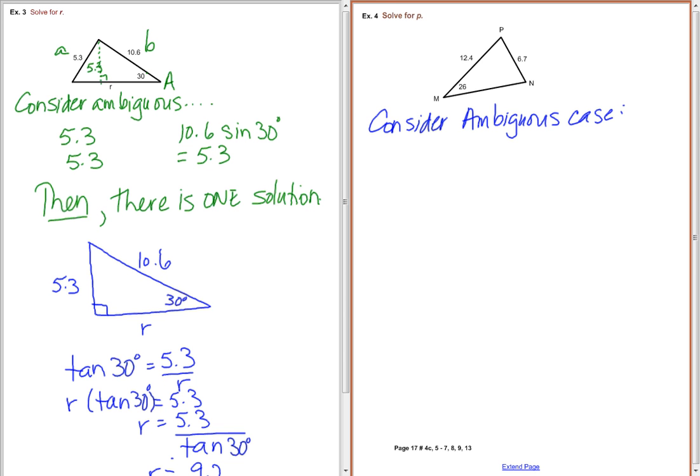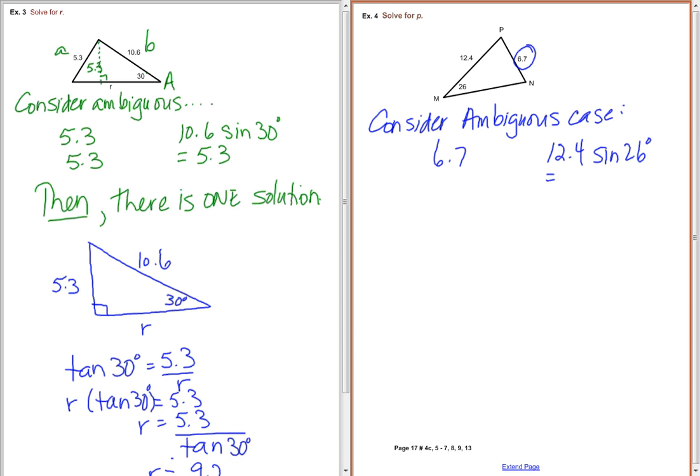So what I am comparing for the ambiguous case is 6.7 with 12.4 sine 26. So the 6.7 and 12.4 times sine 26 is what I'm comparing. If the 12.4 sine 26 is exactly equal to 6.7, we have a right angle triangle like the last one.